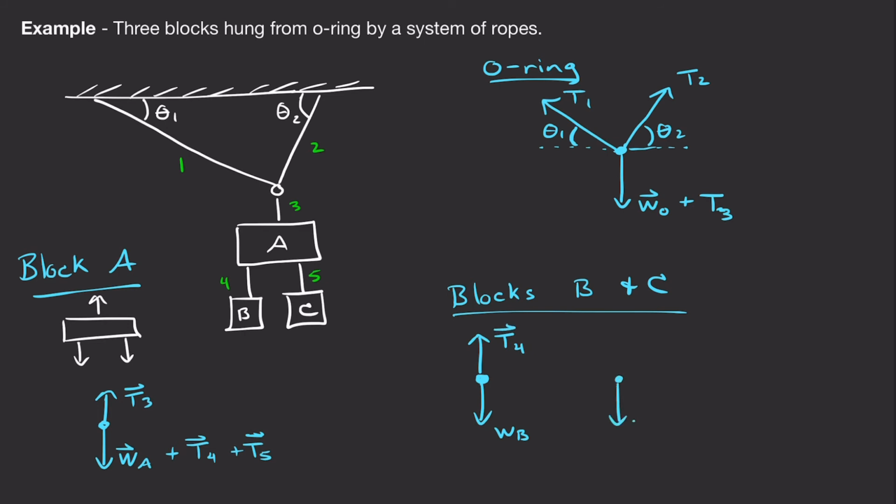And likewise for block C, we have the weight of C pulling down, and then the tension in rope 5 pulling up. And keep in mind, tension always pulls away. So tension never pushes. So it will always be drawn going away from the object.